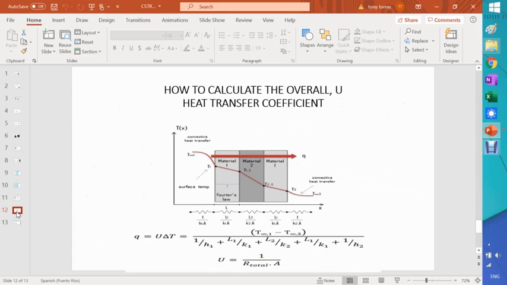Let's see what else. How about calculating now the overall heat transfer coefficient? Well, you have to know a little bit of heat transfer, and definitely this is not a full course on heat transfer. This is more like a very, very 100,000 feet level looking down.